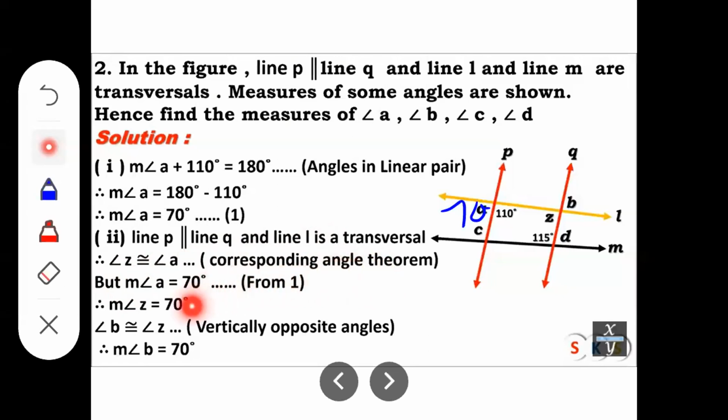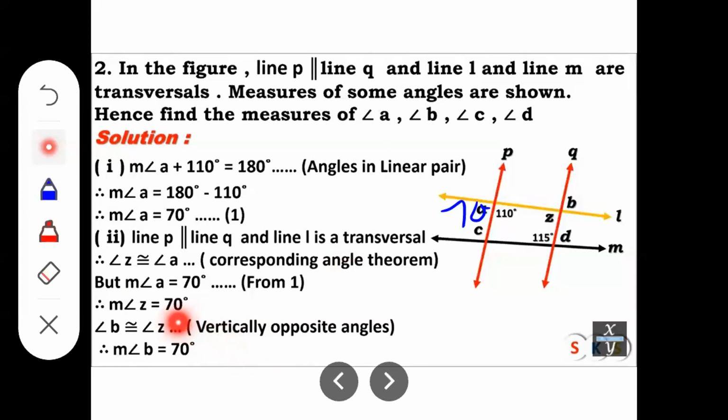Now, as we know, the measurement of angle A is 70 degree, so Z will also be 70 degree. Now, using this value, calculate the measurement of angle B. Angle B is congruent to angle Z because those are vertically opposite angles.